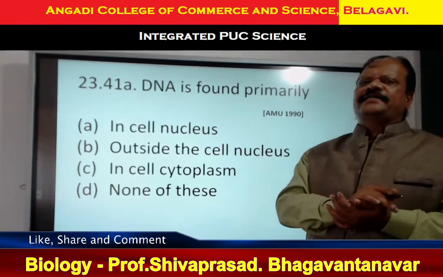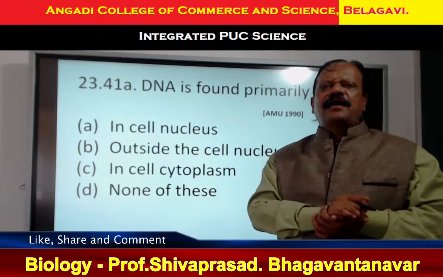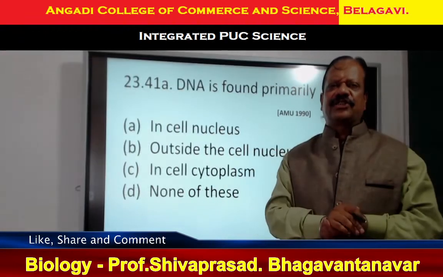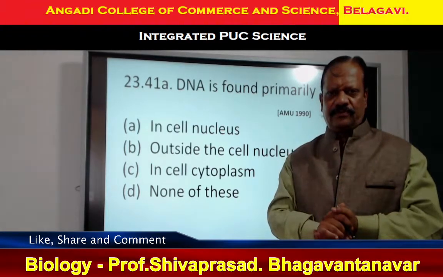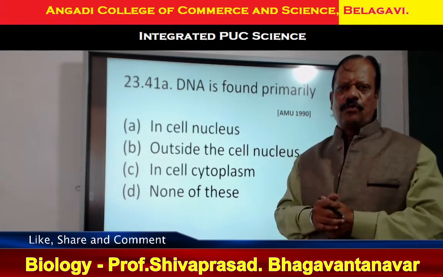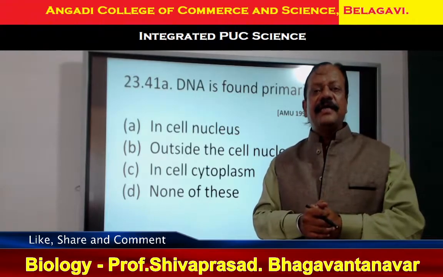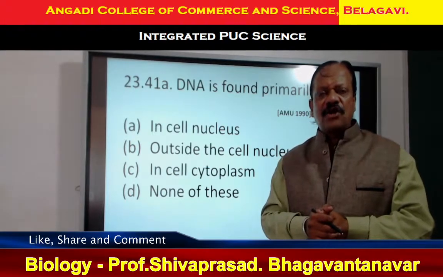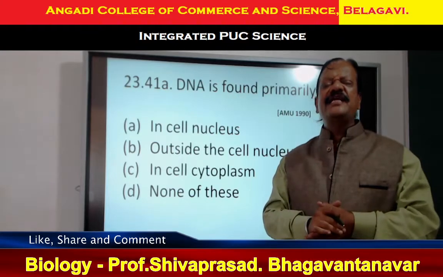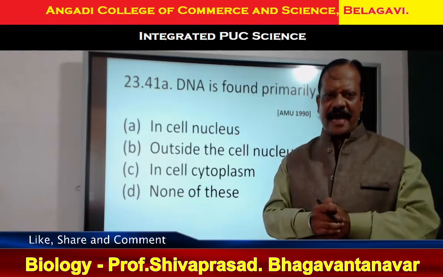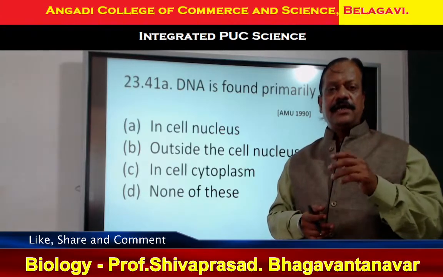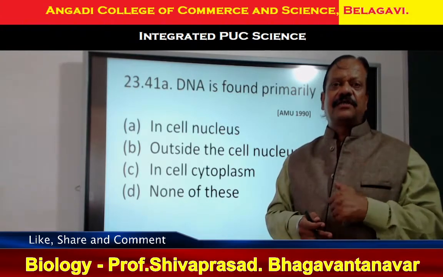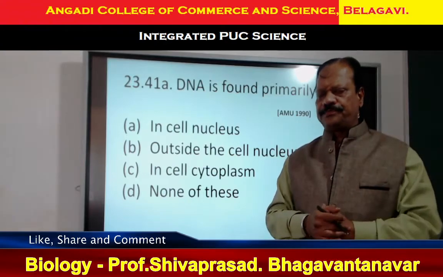The nucleus contains an elongated thread-like structure, which we call chromosomes. These chromosomes contain the DNA material, and it is called a gene. Many genes are present in that. Genes are also called alleles, factor, trait, and so on.